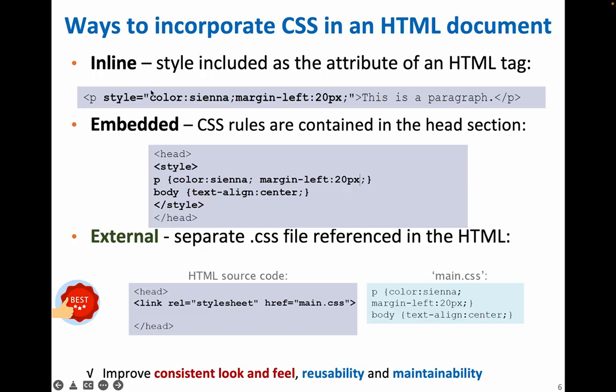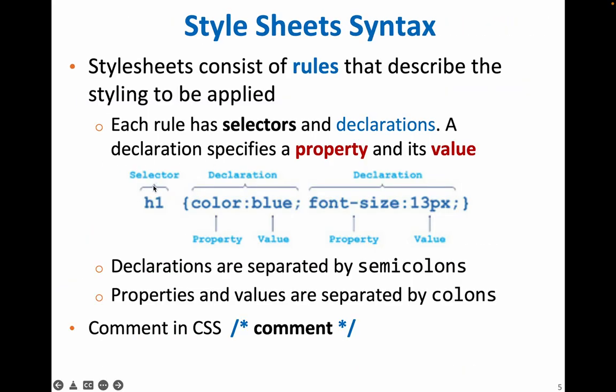Like as in this example, for instance, you see that we have a paragraph. Actually, we just say that this is a paragraph, but in between we say that okay, it's style. By using this attribute, we say okay, style, and then between this style, now we write our declarations. We don't need a selector in this case.